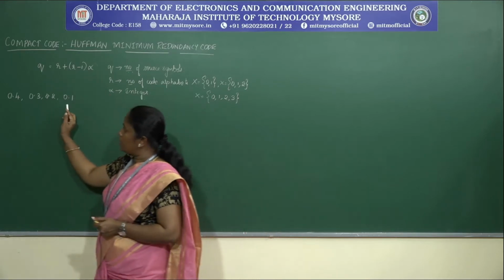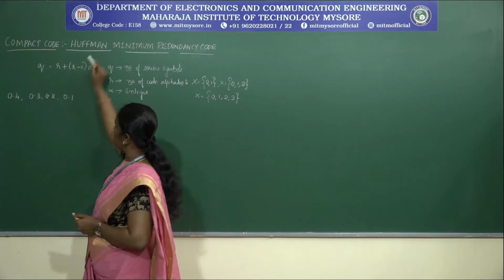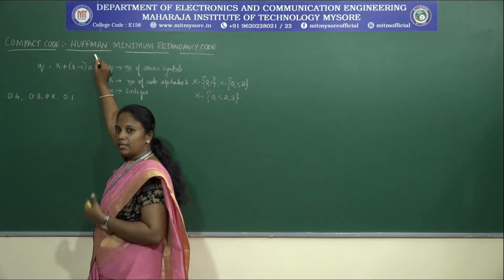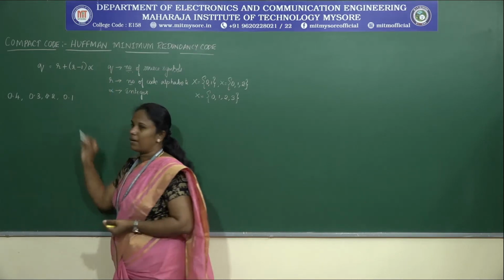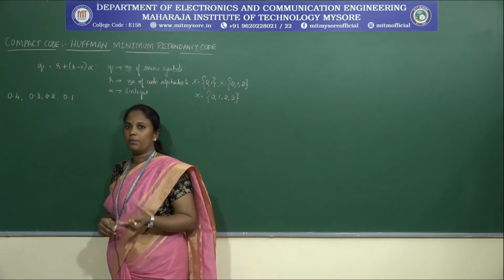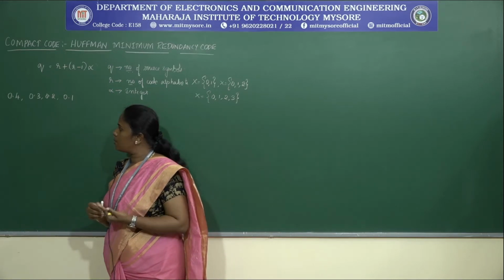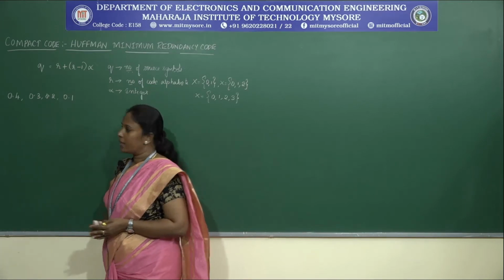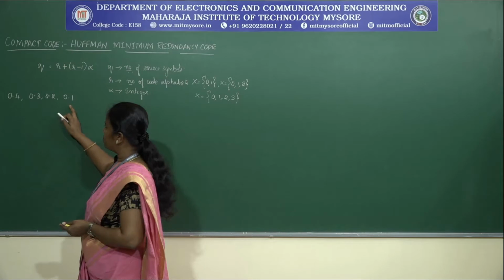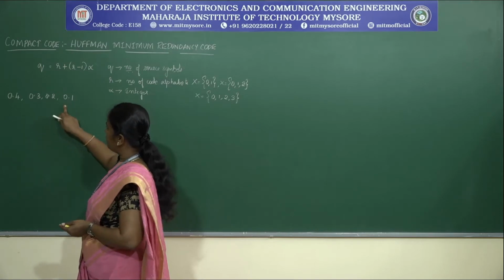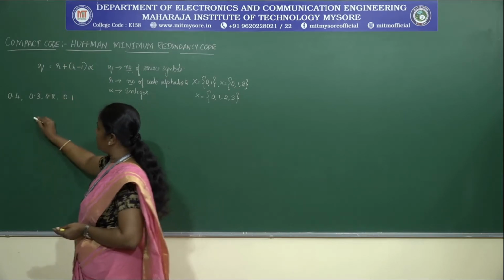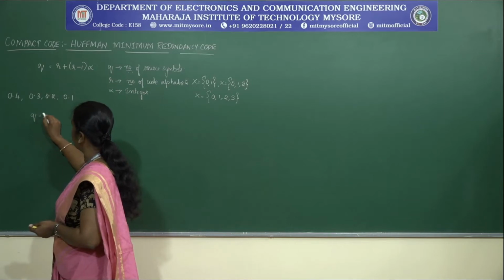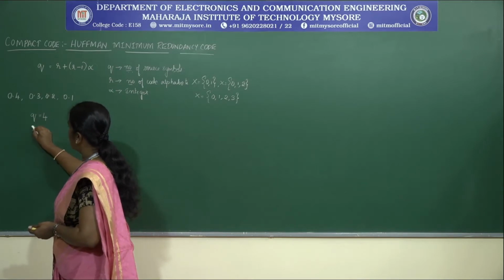In order to clearly understand Huffman encoding, let us first consider a simple example, along with the conditions we need to use. I have considered 4 source symbols. So Q is equal to 4, and what is R?